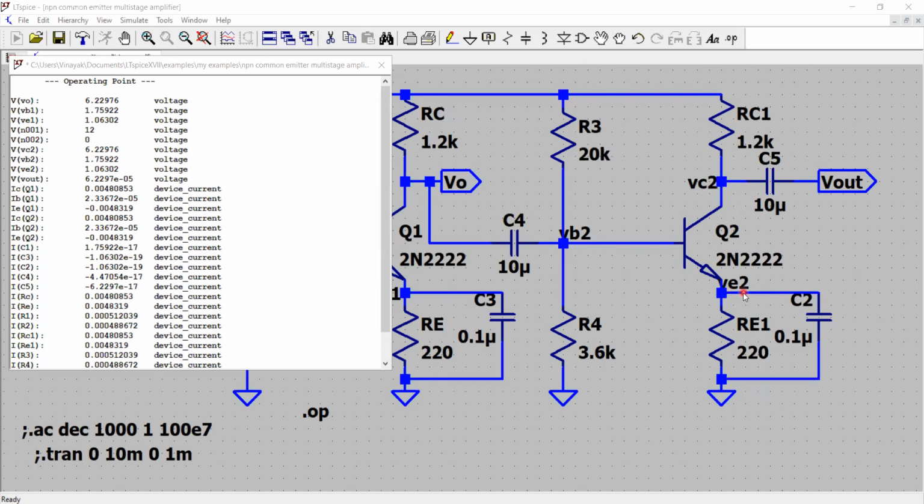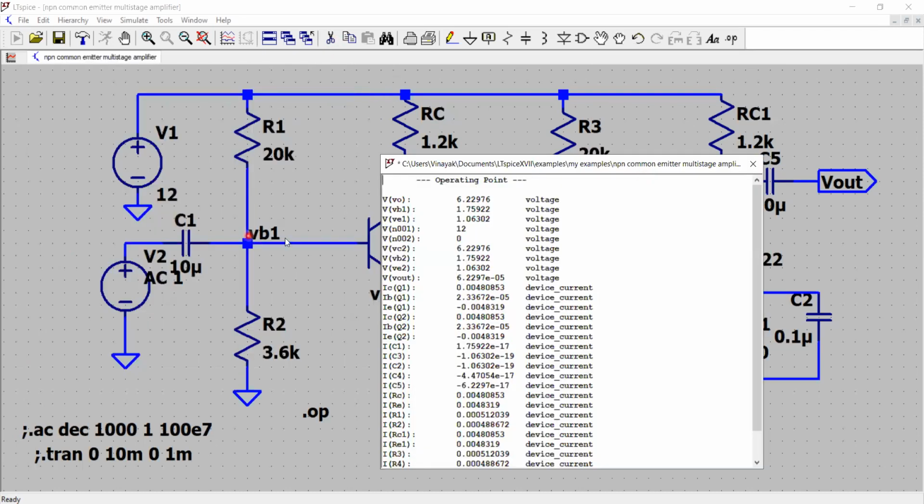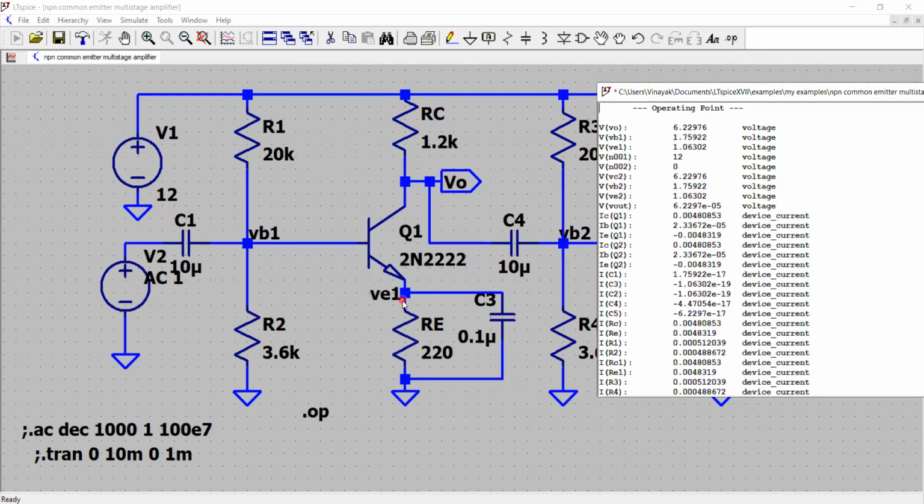This node is VE2, that's the voltage at the emitter of transistor 2. And the voltage at the collector of transistor 1 will be VO. The voltage at the base of transistor 1 will be VB1, and the voltage at the emitter of transistor Q1 is VE1.